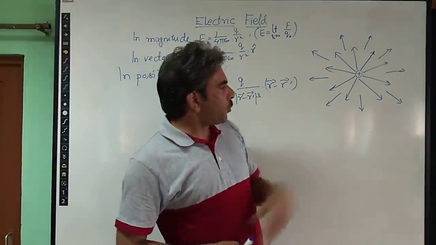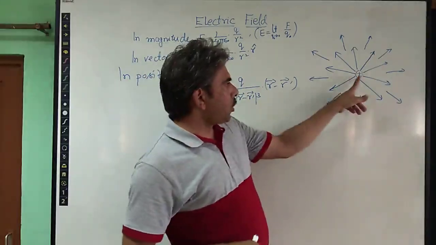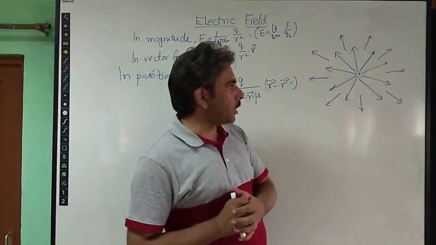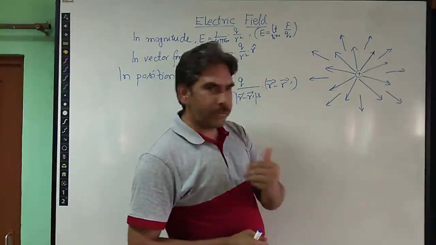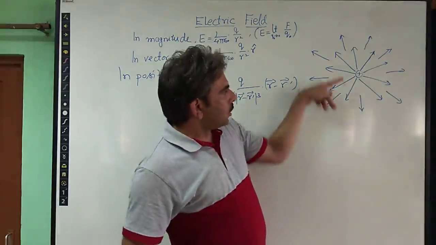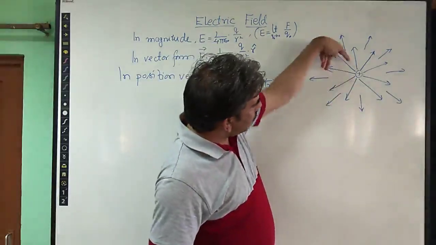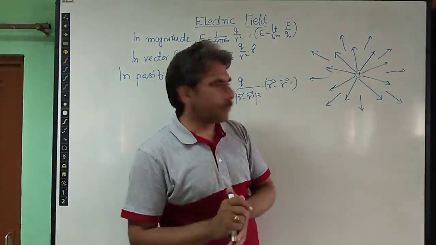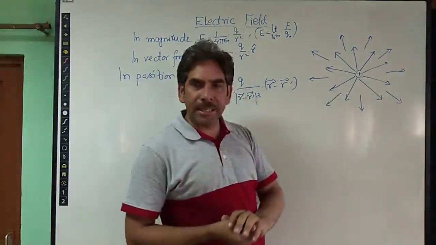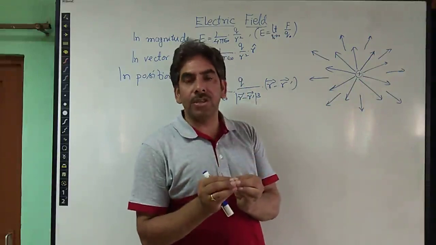From here we can observe the magnitude first. Due to a positive charge, the arrows near the charge are of longer length, so we can understand that near the charge the electric field will be stronger.